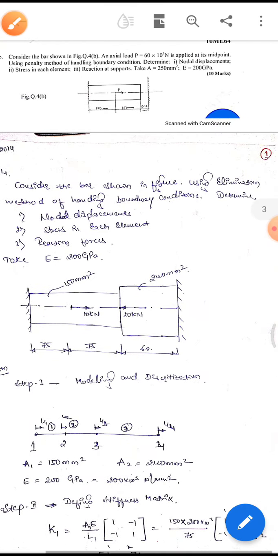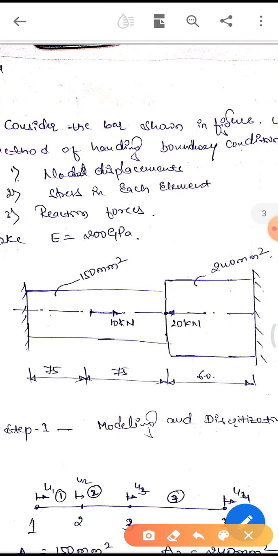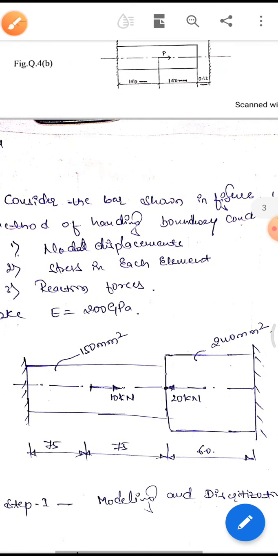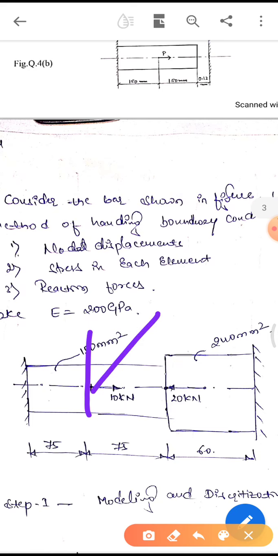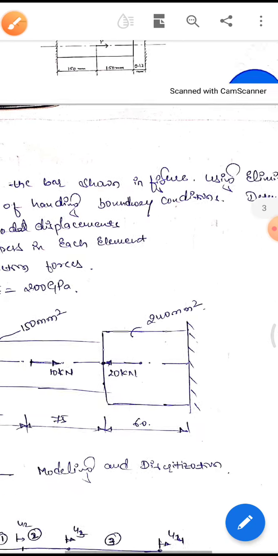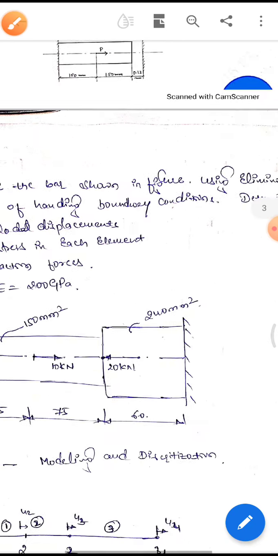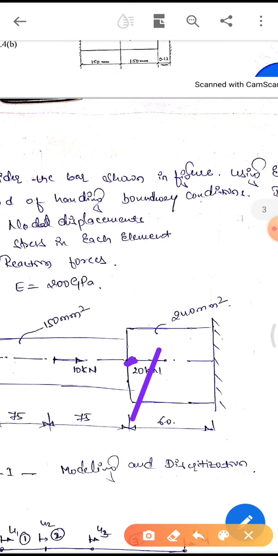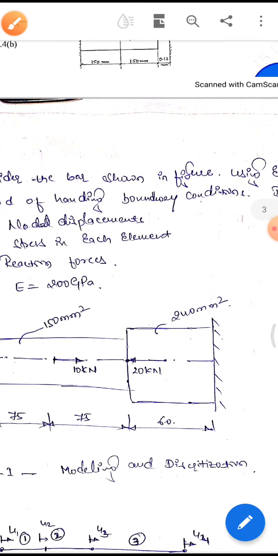If you see this problem here, the load at this point, F1, is 0, since we don't see any force here. At this point we have force, that is F2 equal to 10 kilonewton, which we can write as 10 into 10 raised to 3. Similarly at node 3 we have the force which is acting, 20 kilonewton, and at the fourth node we don't have any force, so F4 is 0.